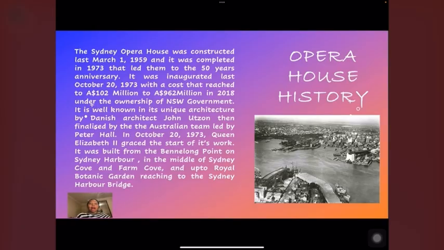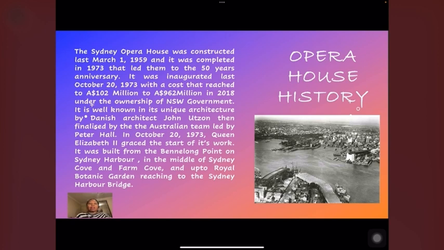The Sydney Opera House was constructed starting March 1st, 1959, and it was completed in 1973, which led to its 50th year anniversary. It was inaugurated on October 20, 1973 with a cost that reached 102 million Australian dollars, valued at 962 million Australian dollars in 2018, under the ownership of the New South Wales government.